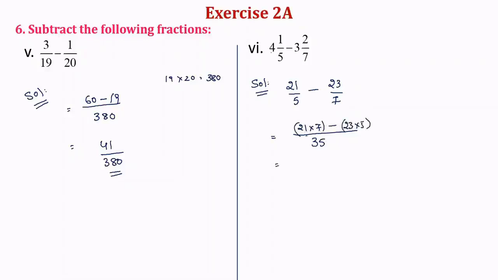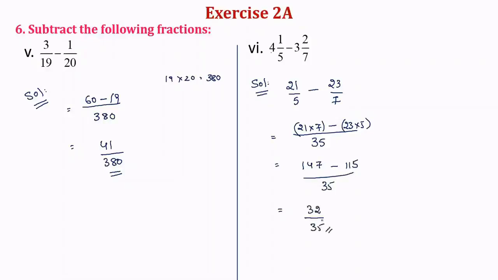So by multiplying this, 7 1s are 7, 7 2s are 14, which is 147, minus 23 5s are 115 by 35. So 147 minus 115 gives 32 by 35. So this is the answer.